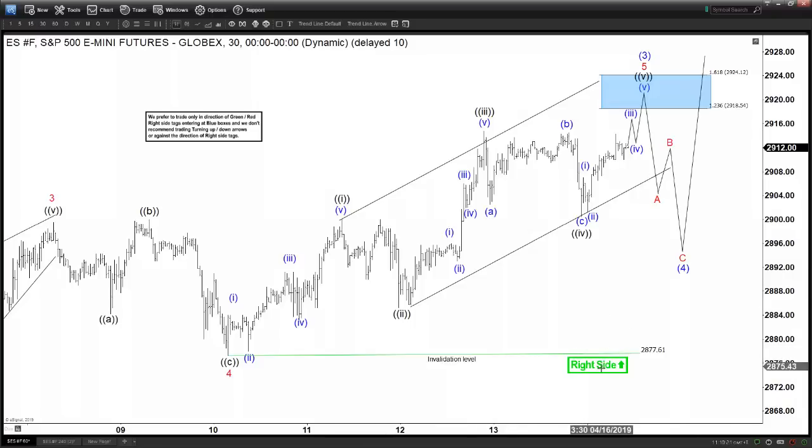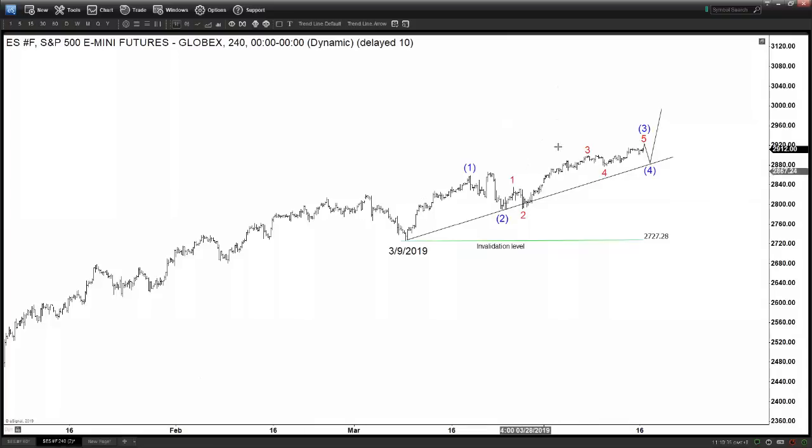And the right side still remains higher. As you can see, the right side stem remains green right now against 2877. Having said that, this wave 4 in blue, if it is really going to happen, technically should stay above this wave 2 in blue, not necessarily above wave 4 in red.